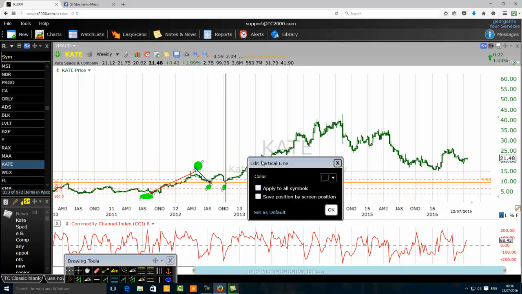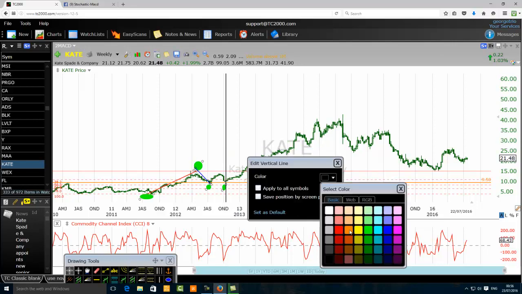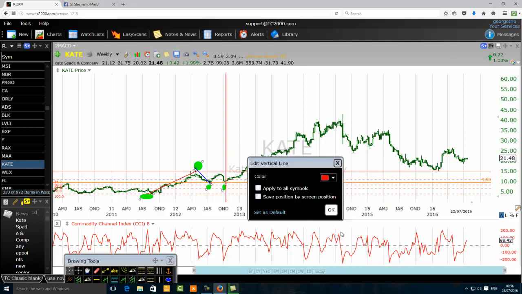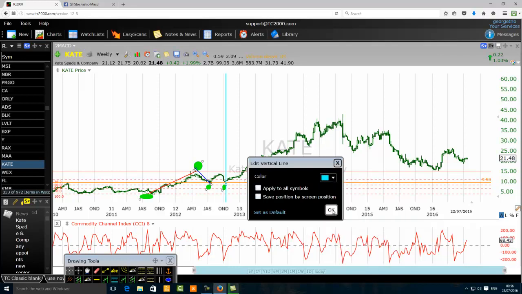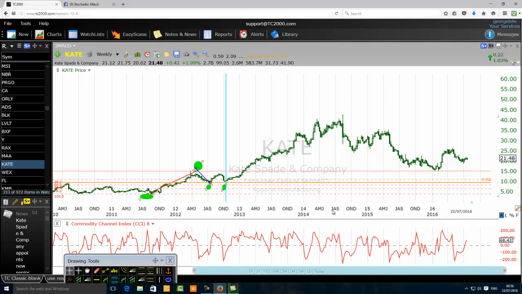So when we identify a high probability trading setup on the weekly chart, we want to ascertain, verify, certify, and confirm that this is a valid trading setup. In order to do that, we need to go to a higher time frame.